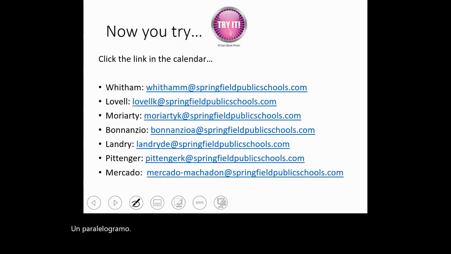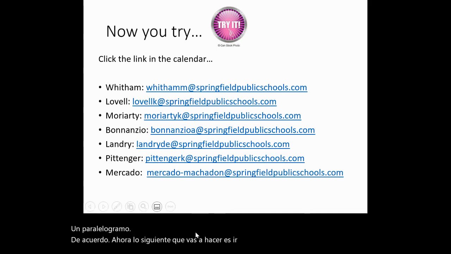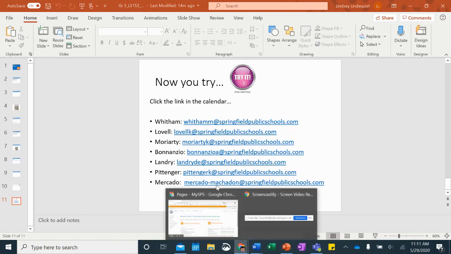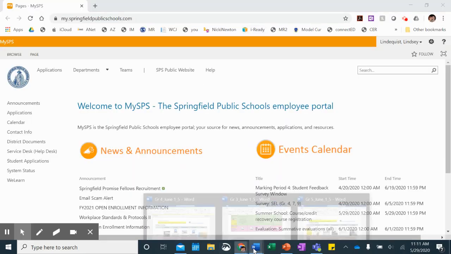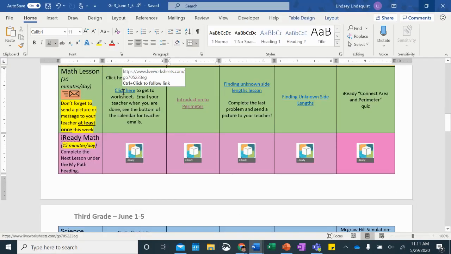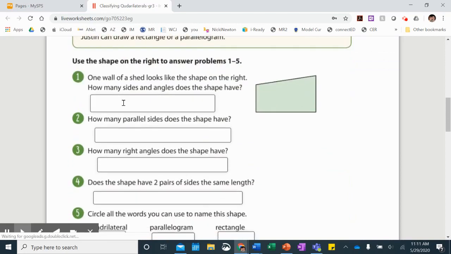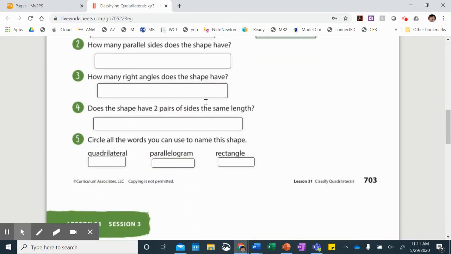Okay, now the next thing you're going to do is go to the calendar and click on the worksheet that I have linked there. And this is going to be your work today. You're going to go through and type in the answer to these questions. Right here it says circle the words.